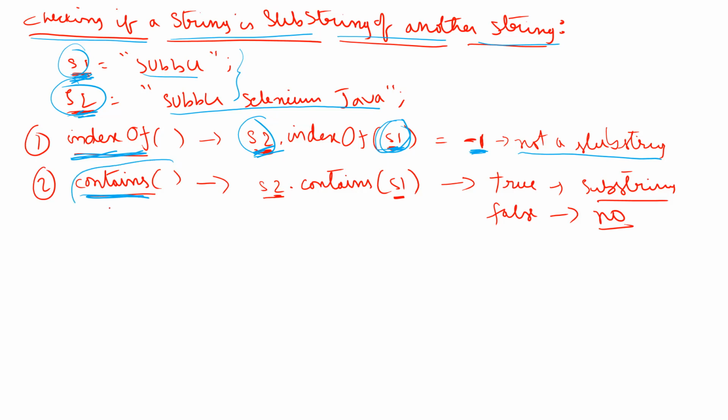Similarly, the contains method: S2 dot contains S1. That means whether S2 contains S1 or not. It returns a boolean value. If it is true, that means S1 is a substring of S2, otherwise it is not a substring of S2. So let's see an example for these two.